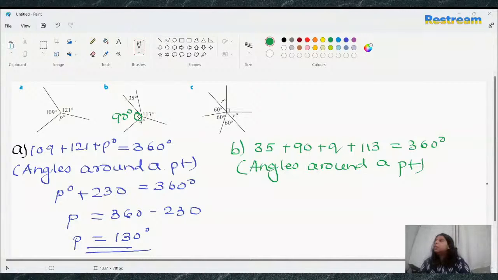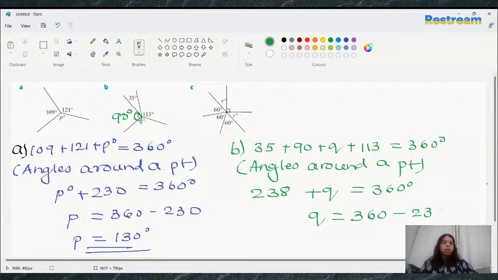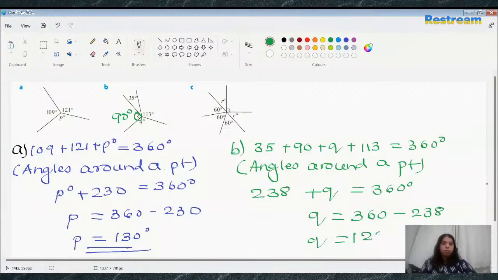It's 35 plus 90 plus 113. That is equal to 238. Sorry, not 338. It's 238. So 238 plus Q is equal to 360 degrees. Q is equal to 360 minus 238. So Q is equal to 122 degrees. Okay, 122 degrees.